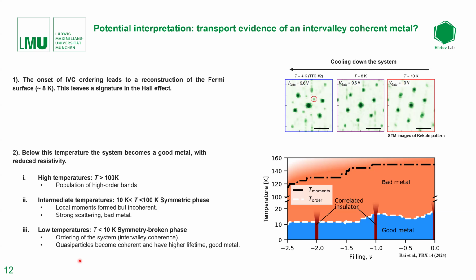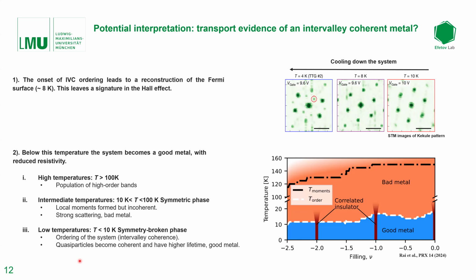And similar to the two-gap structures that have been observed in the tunneling experiments, here we also seem to have two distinct dome shapes. One related to IVC ordering and a metallic transition, and the other which is directly related to the superconducting phase.